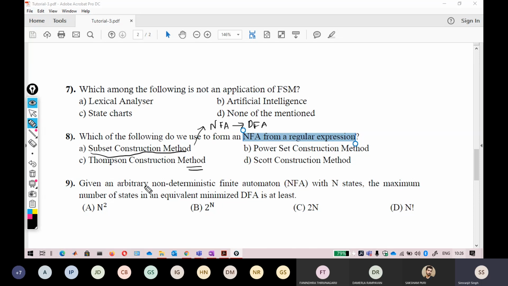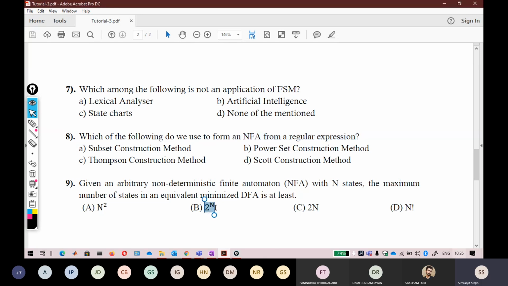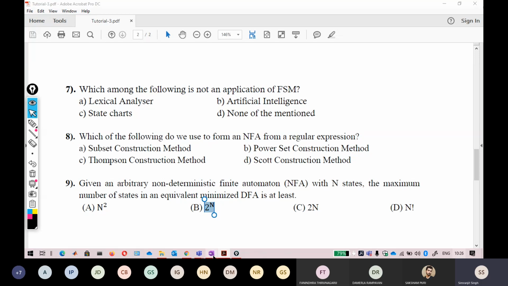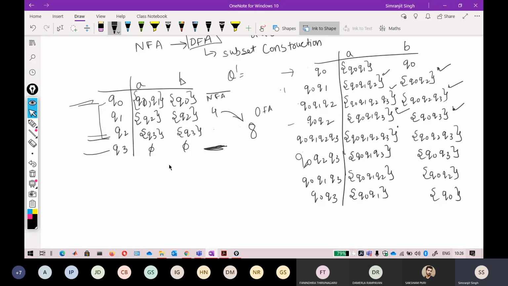Now, given this, I think you know the answer. I have also given this question in the quiz. The at least part is 2 raised to power n, so 2 raised to power q. If you look at the automaton here, the NFA contains four states, but the equivalent DFA contains 8 states.